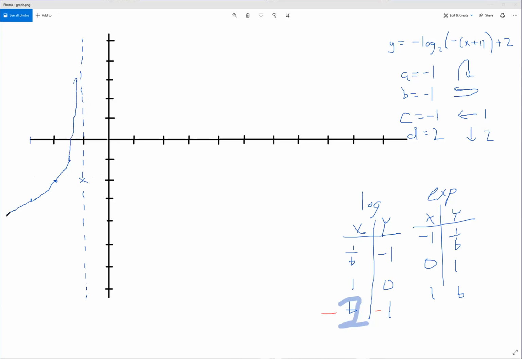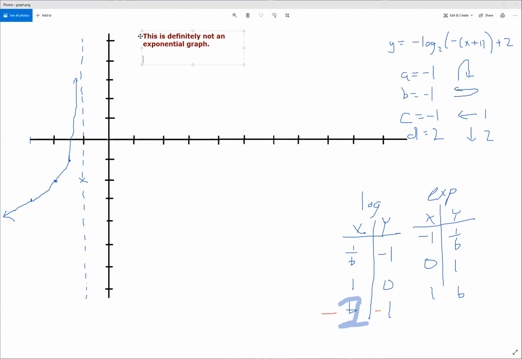Oh, well, that looks like an exponential graph the way it curves, doesn't it? It looks an awful lot like an exponential graph, but this is definitely not an exponential graph. Why? If you didn't know what the function was and you had to say, what is this the equation of? What do you notice here that is not part of an exponential graph?